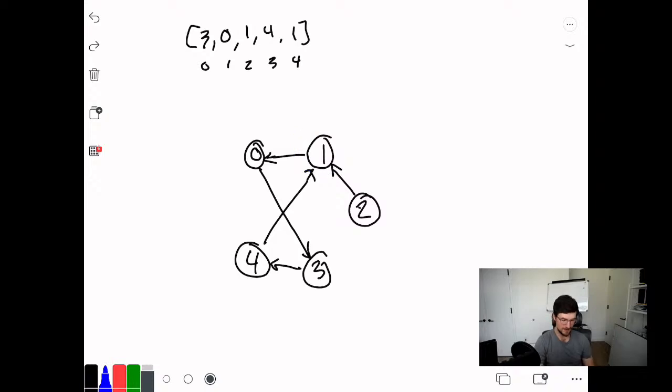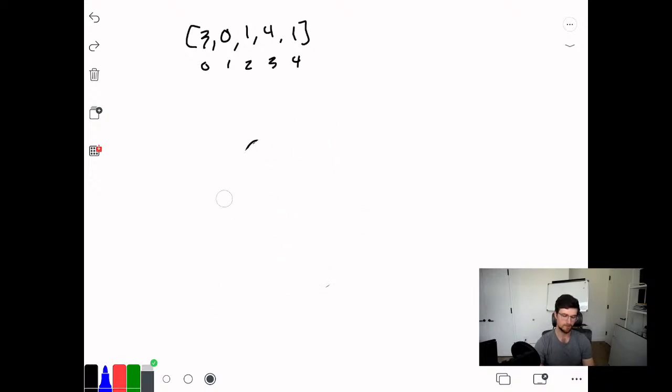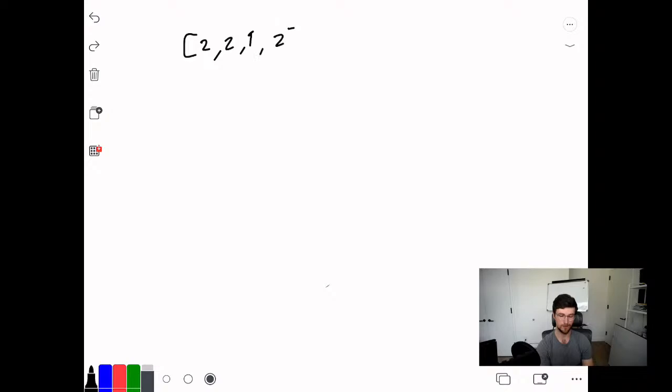Let's look at another example because it'll help us clarify what this looks like from a graph perspective. We're still trying to figure out what exactly it is that we are going to do, right? Our first example was 2, 2, 1, 2.